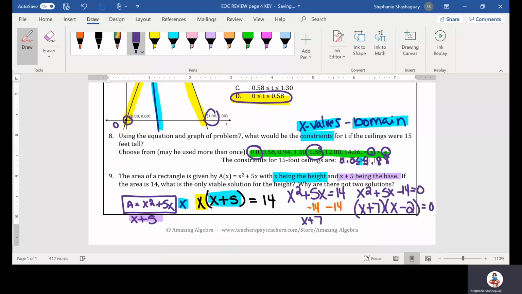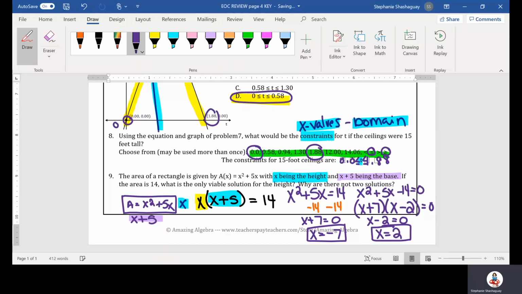So x plus 7 is equal to 0. So x equals negative 7. And then I have x minus 2 is equal to 0. And once I add 2 to both sides, I have x is equal to 2. So I have two possible solutions here. X is equal to negative 7 and x is equal to 2.